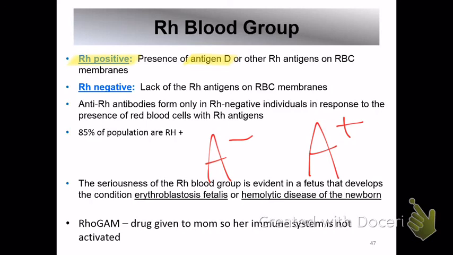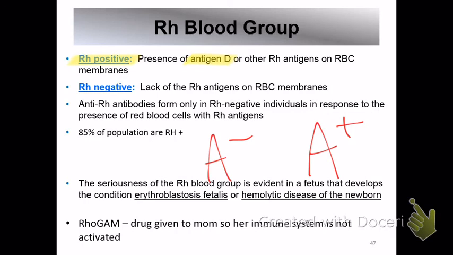It's foreign molecules that start immune responses. And so if you're negative and you got a positive, then that would cause a response. So 85% of the population are plus, so most of us are positive. The seriousness of the Rh is important when we're talking about pregnancy.